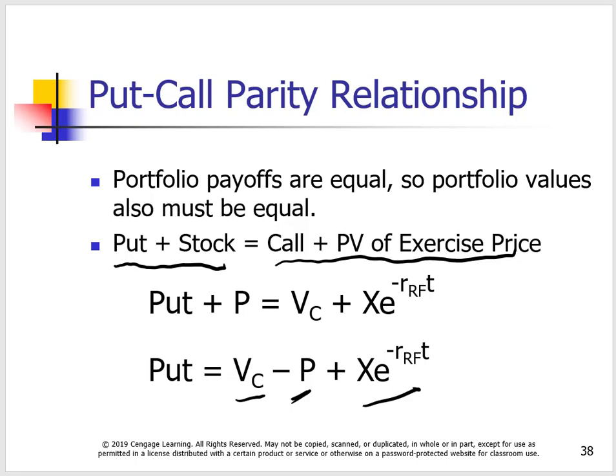If they were not equal, you would buy the cheap one and sell the expensive one, and you would have arbitrage profits possible. This is what sometimes is referred to as financial engineering.